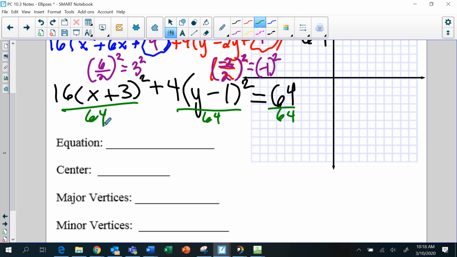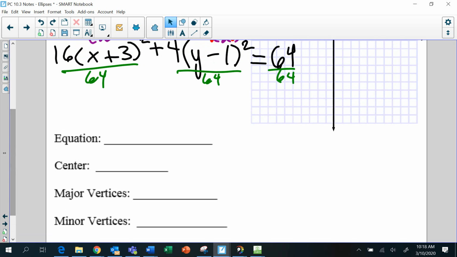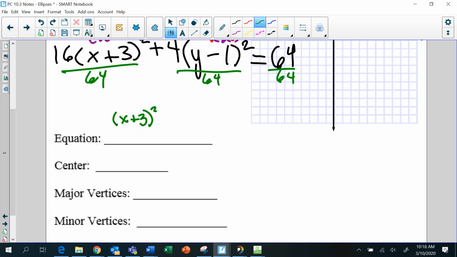When you divide the first term by 64, you can reduce the 16 and 64. I have to make space here. So for this one, I've got x plus 3 squared over, 16 divided by 64 reduces, what do you get on the bottom? 4.